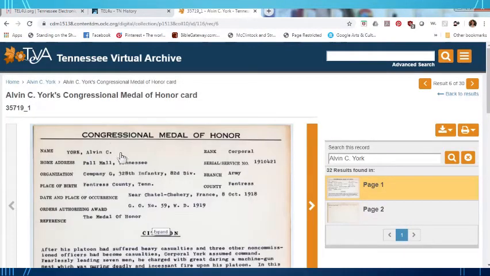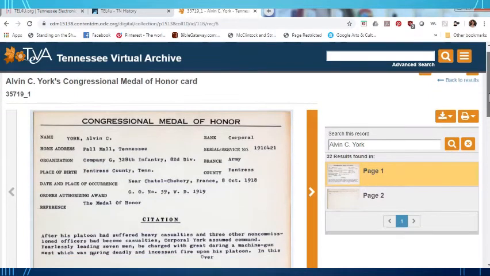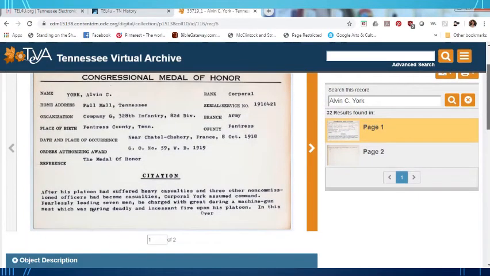I can click on that and actually see the actual card that he got awarding him that medal and why he got the medal. So it's kind of a neat thing that you can see a piece of paper that somebody actually touched back in 1918 to get this medal.